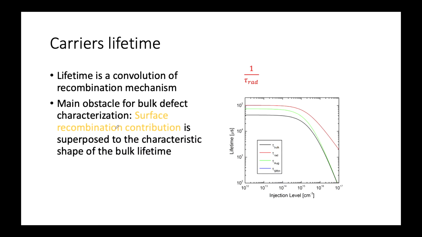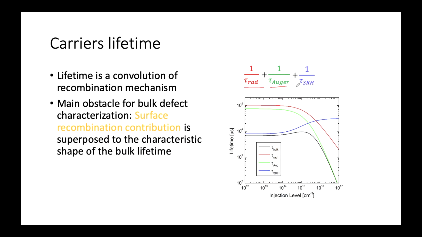The contribution from the bulk is represented by the summation of the radiative, the Auger, and the Shockley-Read-Hall contribution. Then, if we add to the bulk the contribution from the surface, we obtain the effective lifetime.